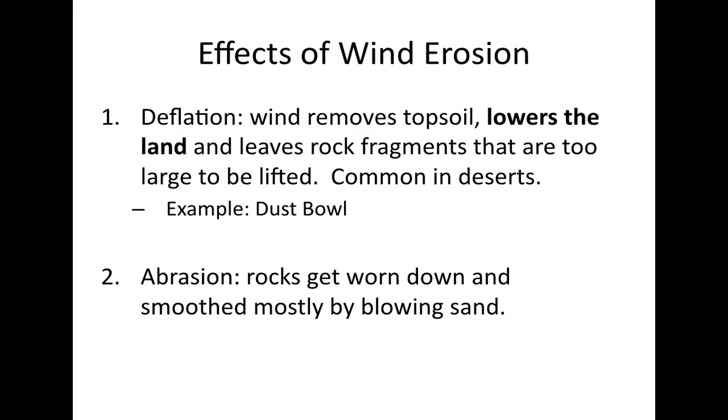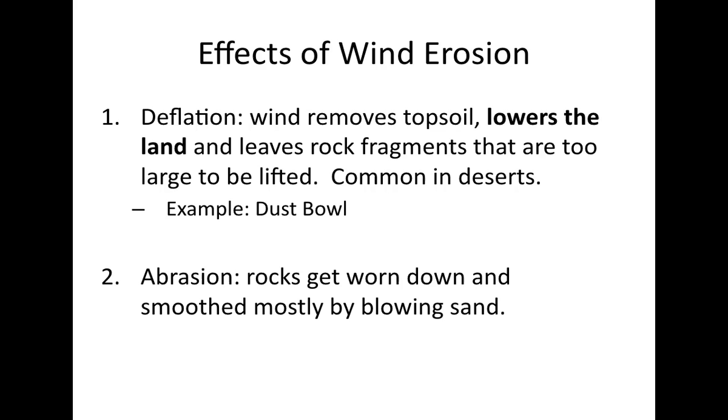Because if wind can't pick up something that's that heavy, the rock fragments are going to stay. But it will pick up and move those that are light enough to be moved, okay? A great example of this is the Dust Bowl. The Dust Bowl happened a long, long time ago, and it was just major dust storms, okay?